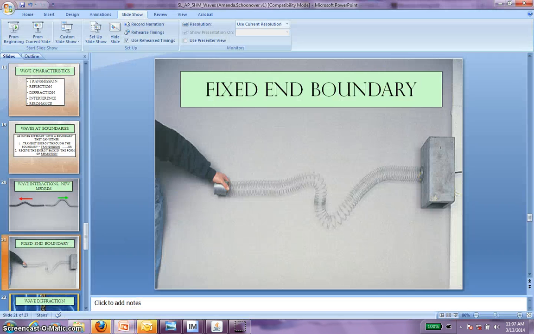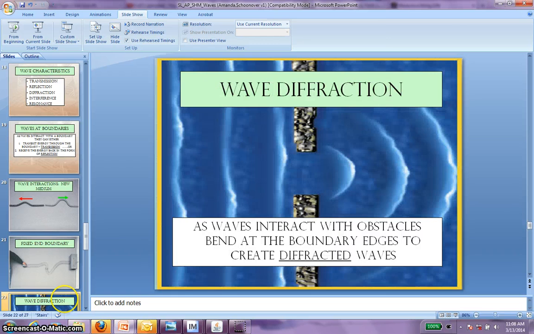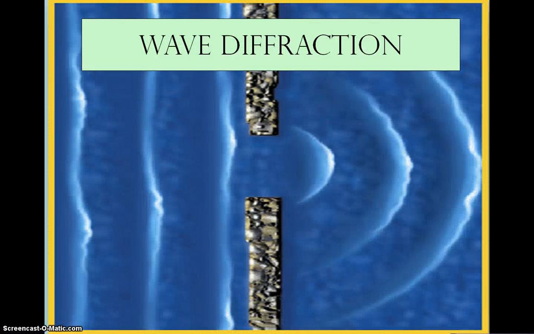So we have transmission there, we have reflection, and then the last property of a wave that I'm going to talk about is the idea of diffraction. Waves diffracting is essentially when a wave encounters some sort of boundary, it is going to bend around that boundary. Okay, so you can see that this image is supposed to mimic the barrier islands in North Carolina.